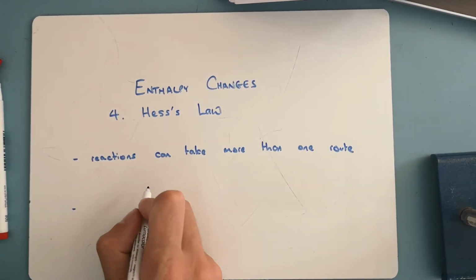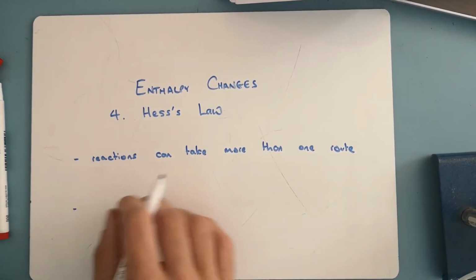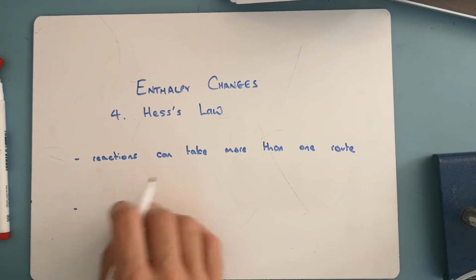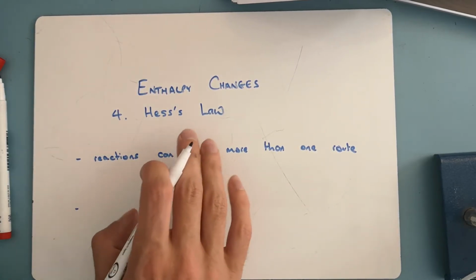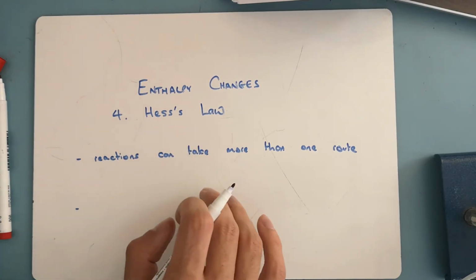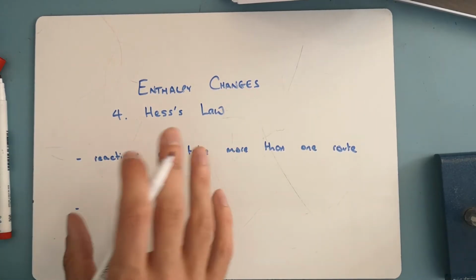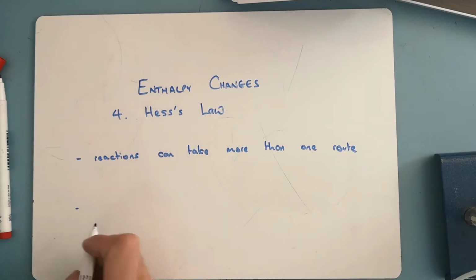So if we had our reactants going to our products, it might go very simply, just straight from reactants to products, or we could go to an intermediate first and then to the product, so a bit more long-winded. So there are different routes we can take.